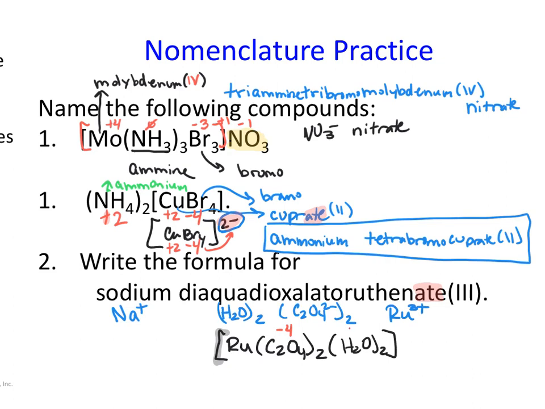I know that aqua is neutral. We're told that ruthenium is +3. So that gives the overall coordination complex a -1 charge. So in the chemical formula, that means I need only 1 sodium to neutralize that out. So the formal answer, we would want to make sure to not include the charges above.